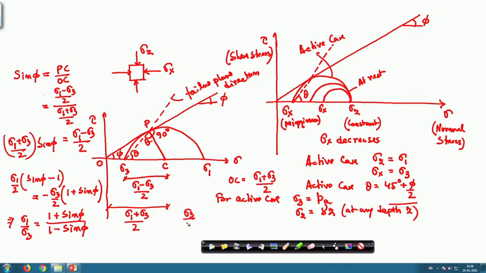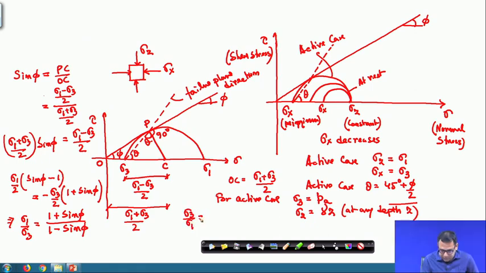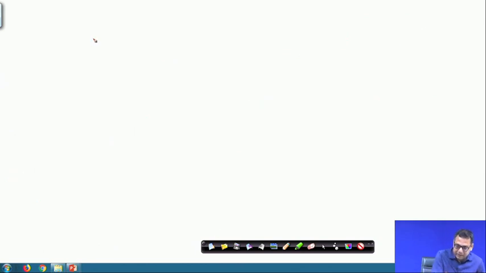So, finally, I can write that sigma 3 divided by sigma 1 is equal to 1 minus sin phi divided by 1 plus sin phi.